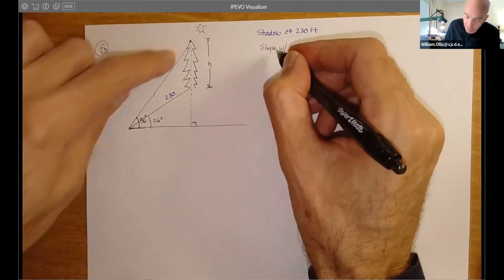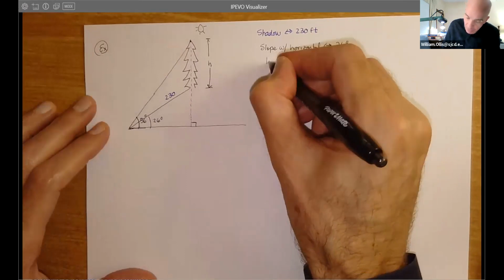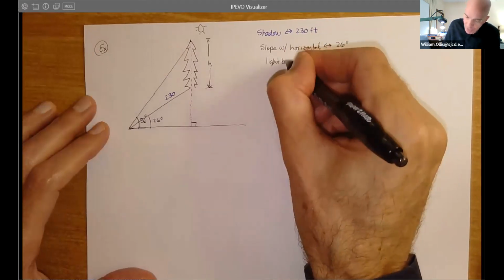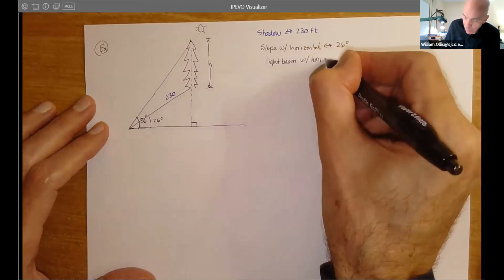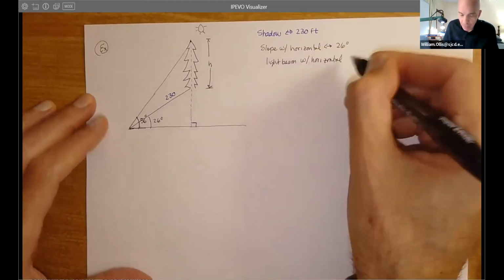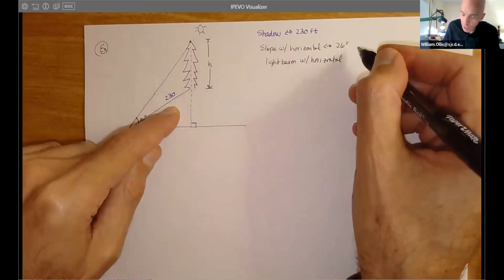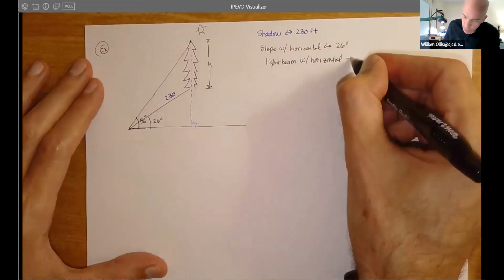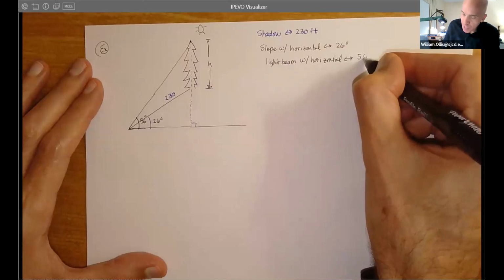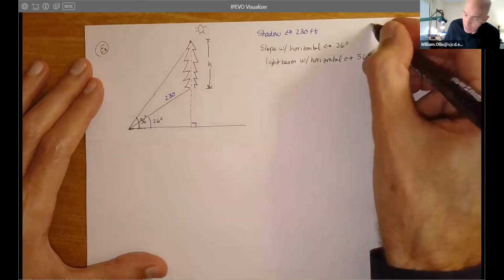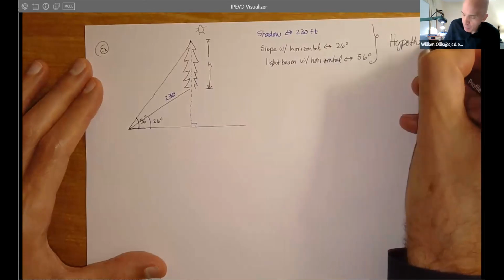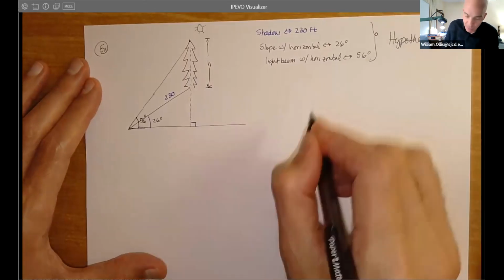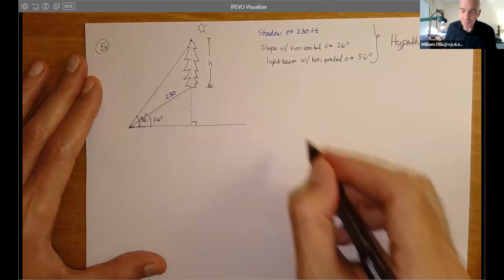So we'll say light beam, even though you can't probably see it, light beam with horizontal. And the light beam that makes the shadow is 56 degrees. That's what's given. This is what we call the hypothesis. And of course, WebAssign gives you a nice, beautiful little picture, and mine's pretty terrible, but it'll do.